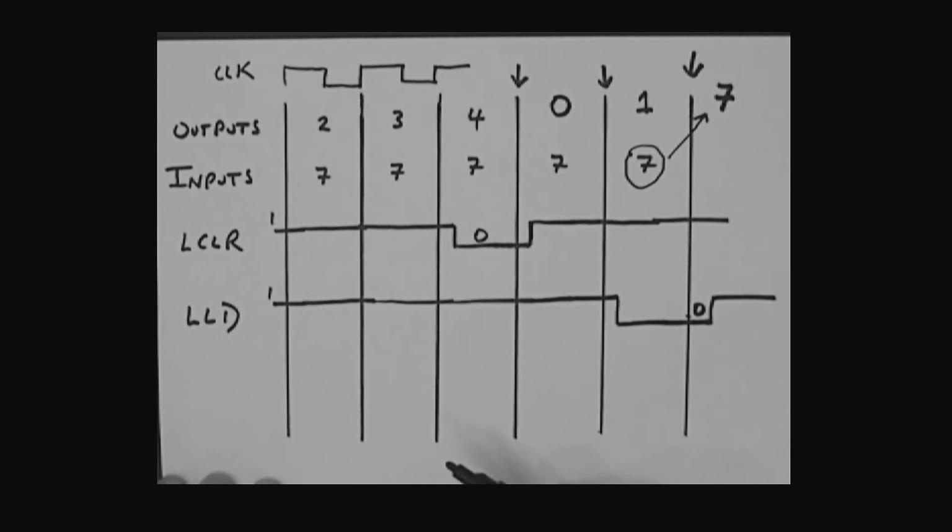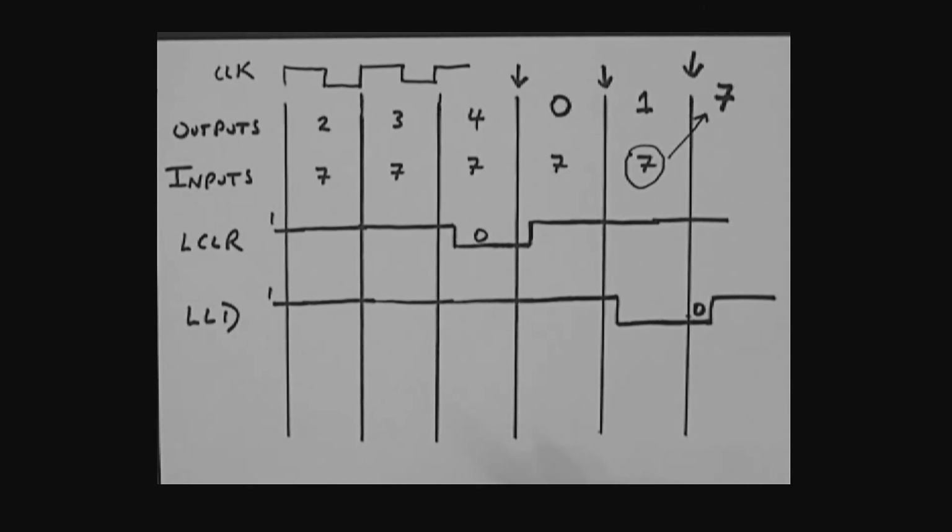So what I'd like you to do now, this is the end of part 4, is take a few moments and see how you could use one of these counters in your state machine to provide a timeout function. Maybe what your state machine needs to look at is that carry out.